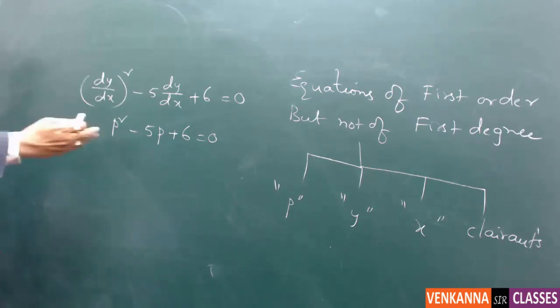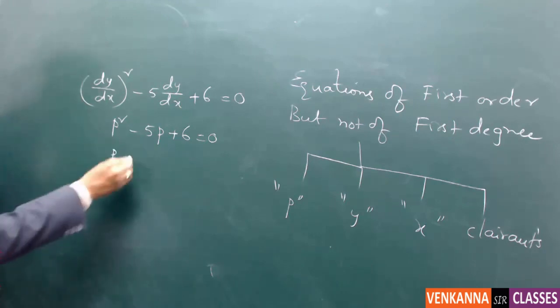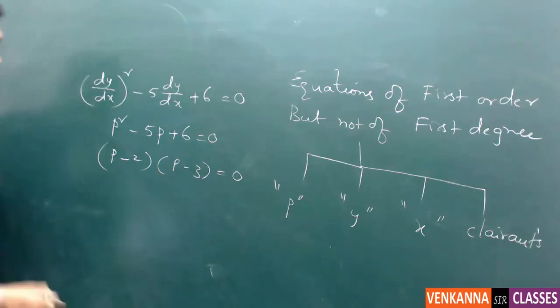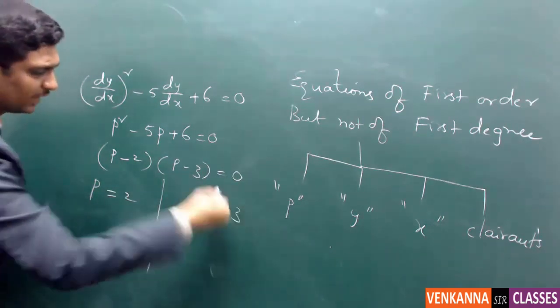And are you going to write it as factors of p? Yes or no? So you are going to write it as p minus 2 into p minus 3 equal to 0, so that p is equal to 2 and p is equal to 3.